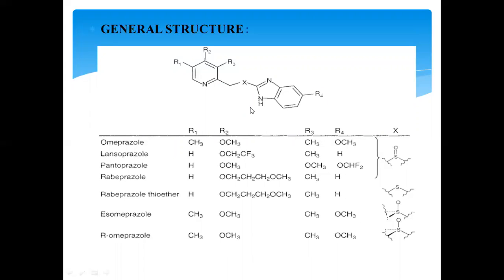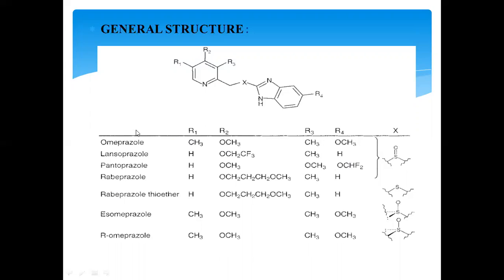So the points of SAR: replacement of the methoxy group by a trimethyl group increases the activity. Replacement of this R1, that is CH3, with a trimethyl group increases the activity of the compound. Then replacement of methoxy by fluoromethyl: if we replace this methoxy by fluoromethyl, then it decreases the activity of that compound.